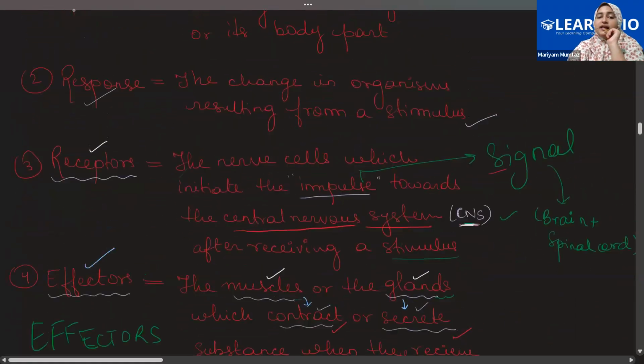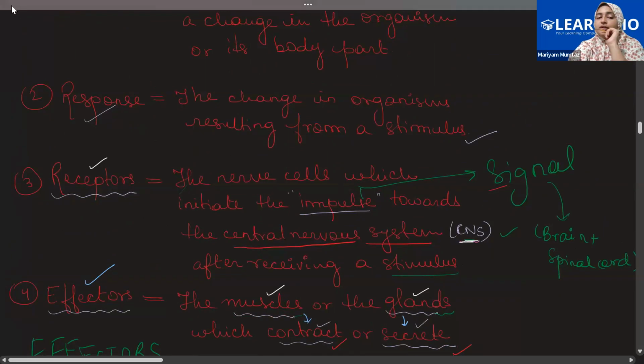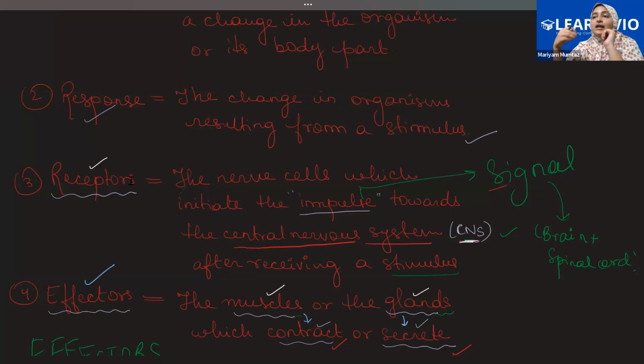Moving on, there is the receptor. The word receptor refers to the nerve cells. If someone patted on your back, you understood that it was a pat and not a beating. Why? Because of the receptors that are there in your back muscles. These are the nerve cells, and what they do is initiate the impulse.